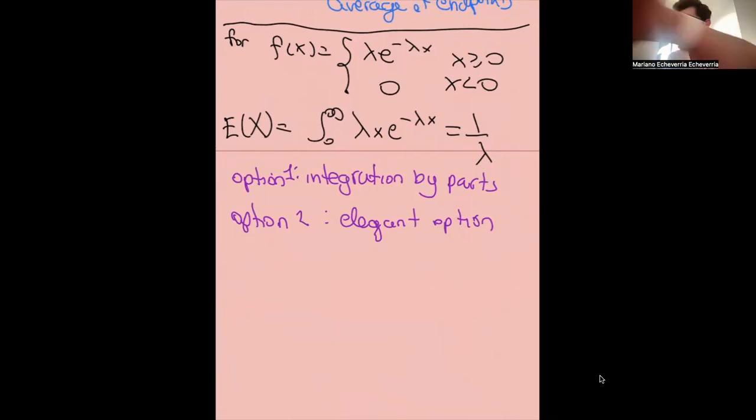Wait, give me a second just to see if I'm not going to do something silly. But I think it will work. Just need to check it before writing it out. So this is going to be lambda plus 8 minus lambda x. Okay, and then this is that. Okay, yeah. It is going to work.